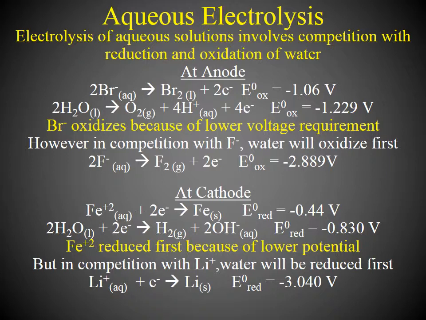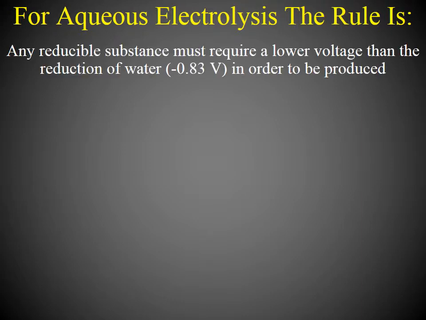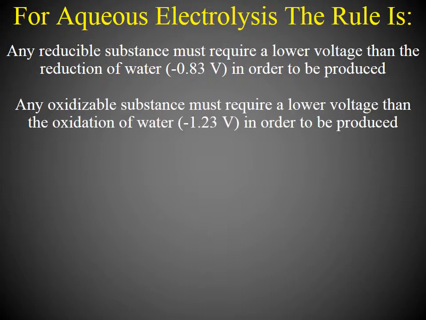Think about it for a moment. It's an alkali metal. All alkali metals react violently with water. So even if we were to produce lithium, it would immediately react with water and go back to being an ion. So in general, for aqueous electrolysis, the rule is this: any reducible substance must require a lower voltage than that of water in order to be preferentially produced.